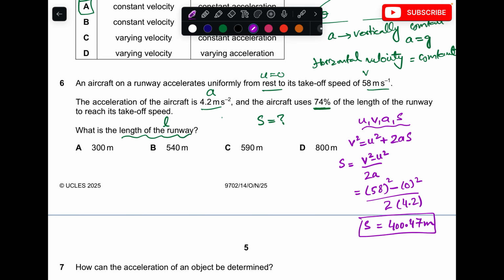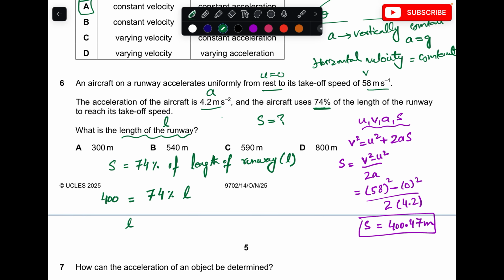That is covered by the aeroplane, but we have to find the length of the runway, and this s is basically 74% of L. What we know from the equation is that s is equal to 74% of the length of the runway, we call it L. So s is equal to 400 is equal to 74% of L. So L will be equal to, okay, let's do it like this. 74% when changed into fraction, 74 divided by 100, is 0.74 L. So L will be equal to 400 divided by 0.74.